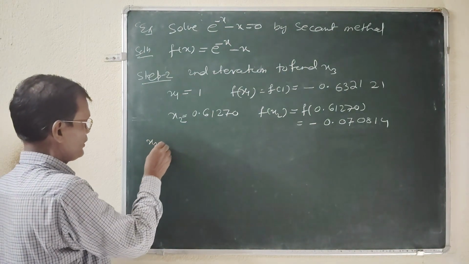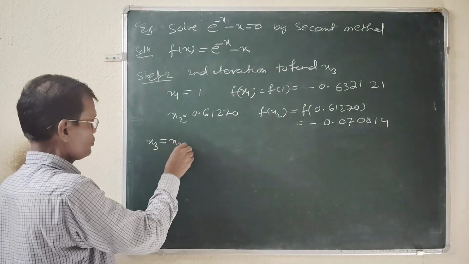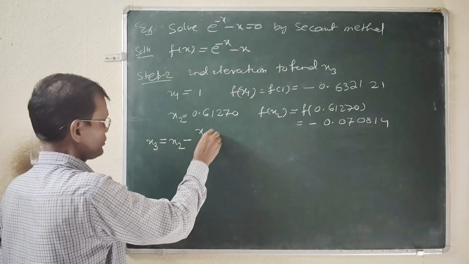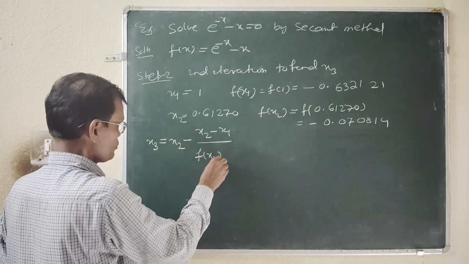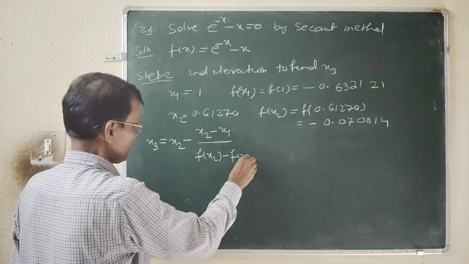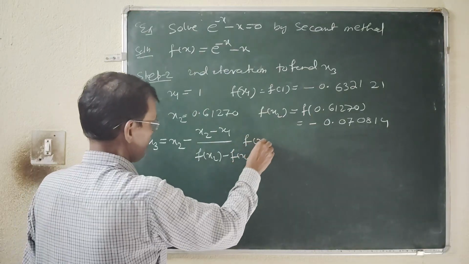So the formula is x3 is equal to x2 minus (x2 minus x1) by (f(x2) minus f(x1)) into f(x2).